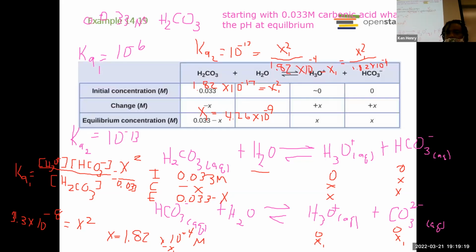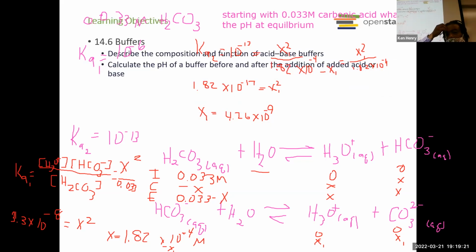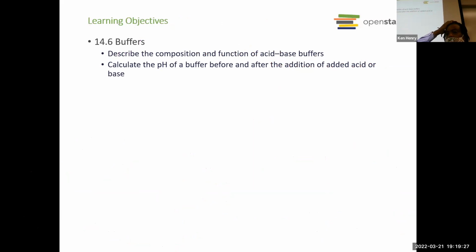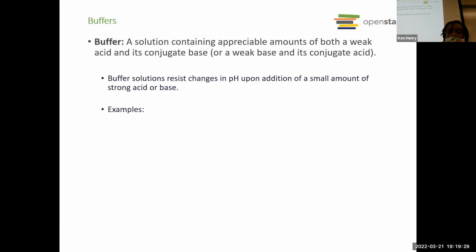Okay. So buffers. You guys have already been doing this in your homework assignments. A buffer solution is basically a solution that contains an appreciable amount of both a weak acid and its conjugate base, or a weak base and its conjugate acid.